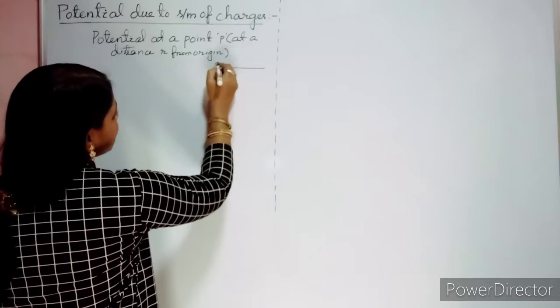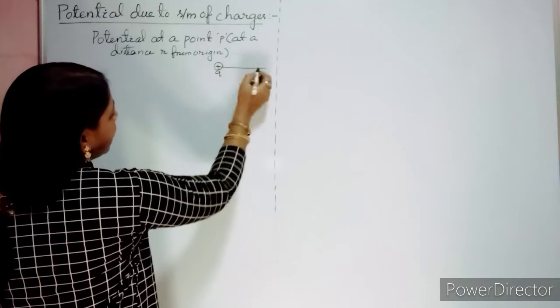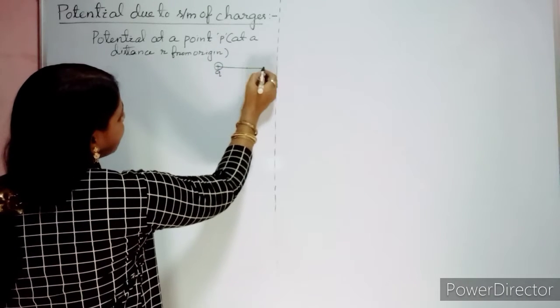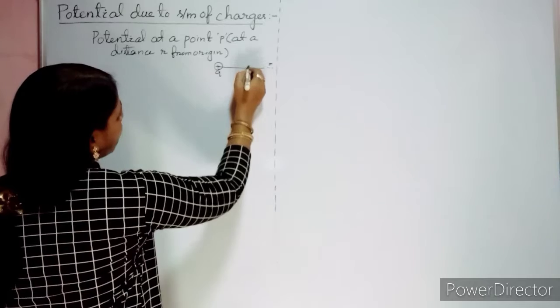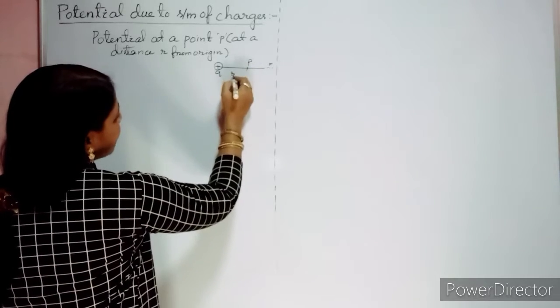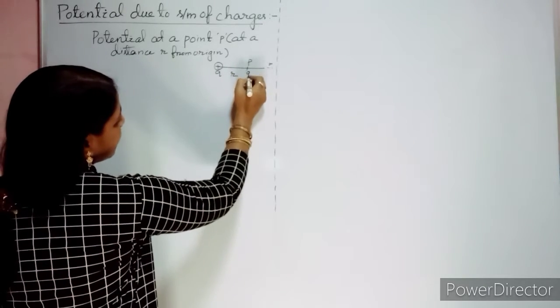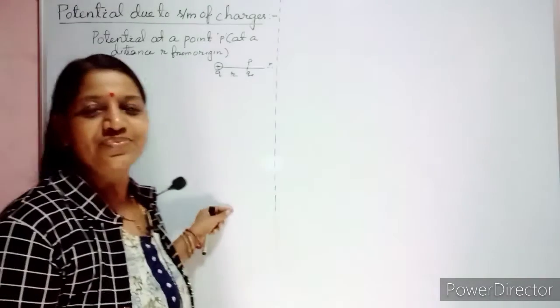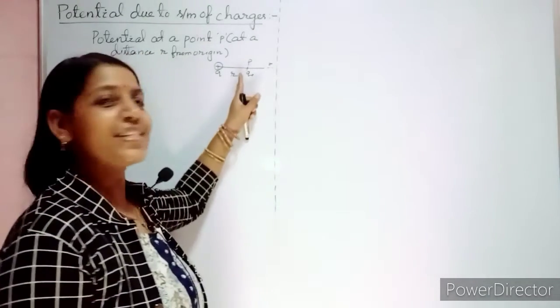Suppose this is your charge plus Q. You are bringing another test charge from infinity to a point P, which is at a distance R. This is nothing but your test charge of 1 coulomb. You are bringing it from infinity to this point.